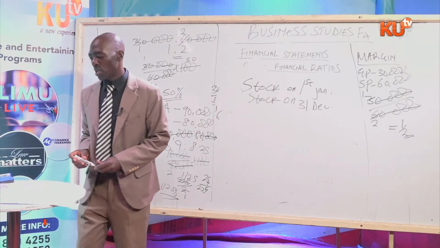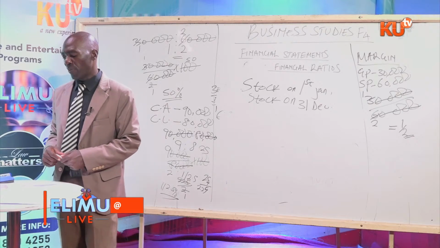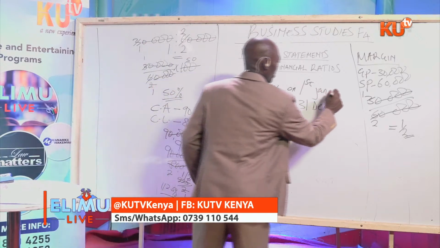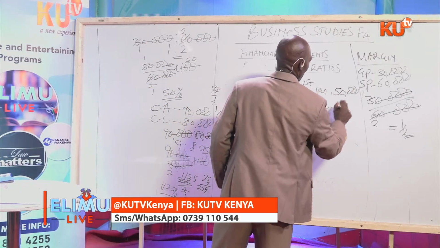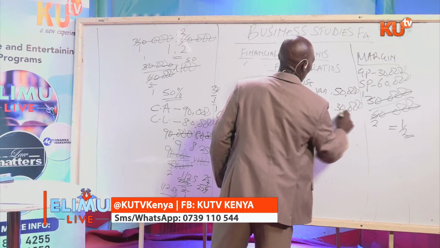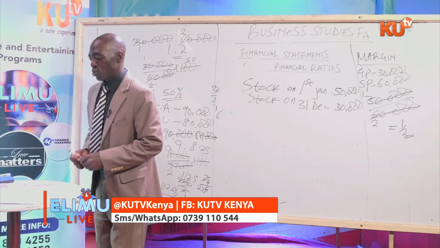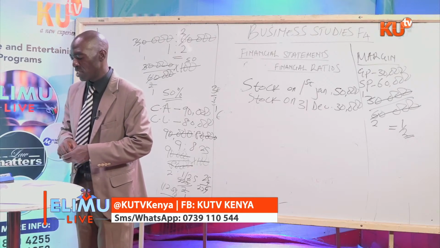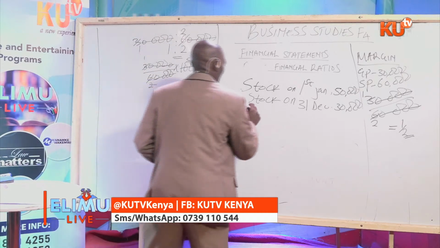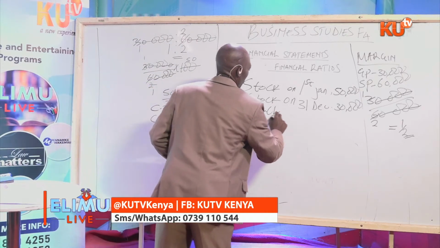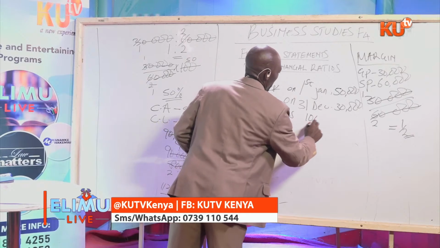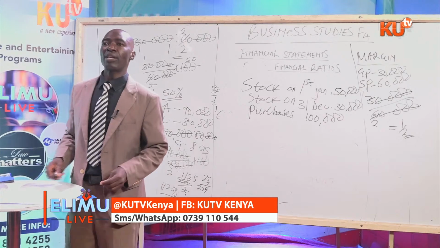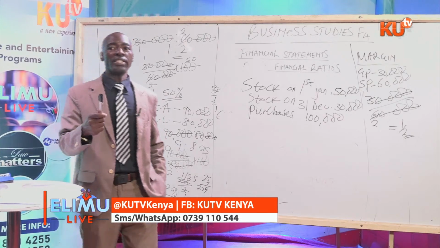Let stock on the 1st of January be 50,000, and then stock at the end be 30,000. So stock at the end is 30,000, and stock at the beginning is 50,000. Purchases 100,000. Now, what is the difference between the three? That is stock at the beginning, stock at the end, and purchases.